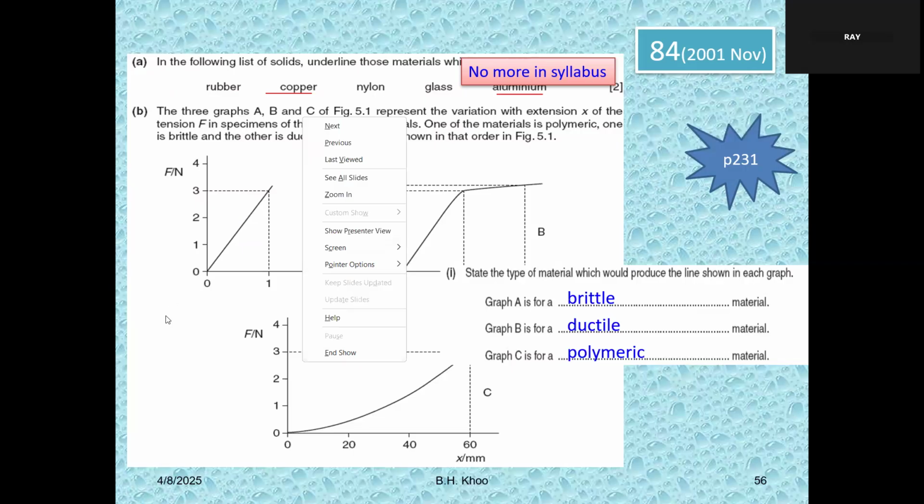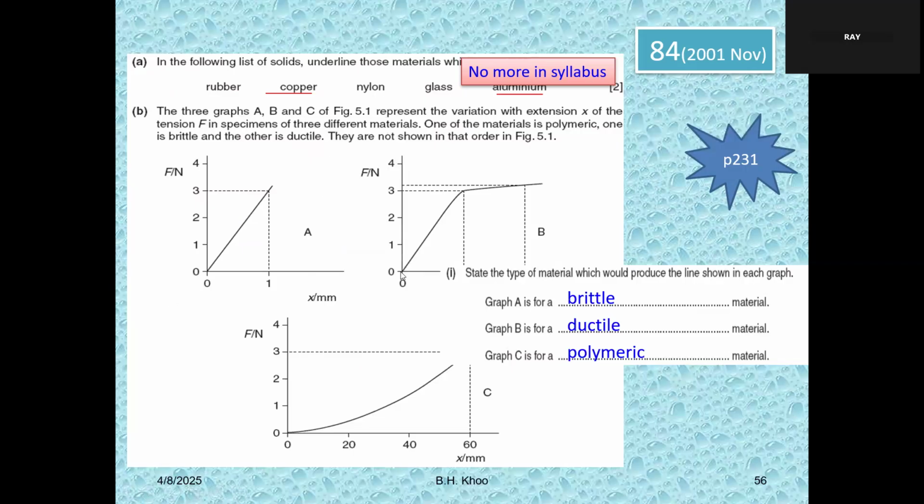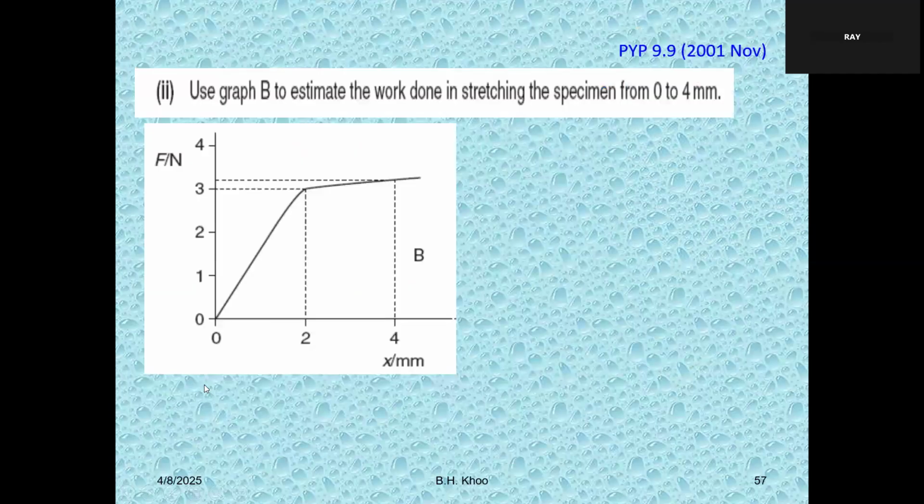The idea is this is a straight line obeying Hooke's law. After that, you get the elastic limit, then you extend a little bit more. Brittle will go to the elastic limit, then it will break. That's the difference. Use graph B to estimate the work done in stretching the specimen from 0 to 4 millimeter.